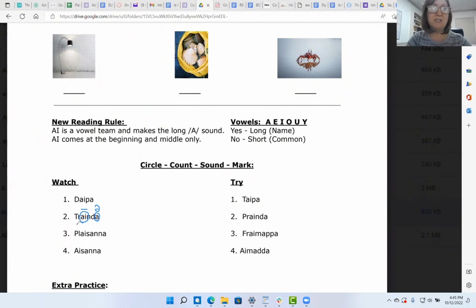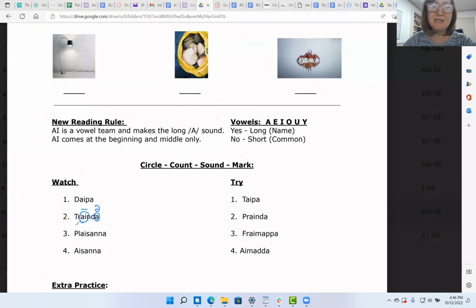A lot of teachers will teach you that TR just says ter. It's true, but it's not the basic way to learn how to read. Your mind needs to be able to identify each sound within the word, and then it can blend it a lot more easily. Sometimes if you're sloppy, it can sound like chur, and so we don't want that. So we want each sound to be separate so that you know how to blend it properly.